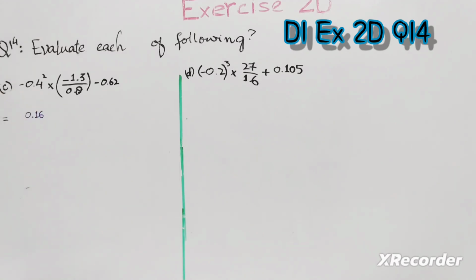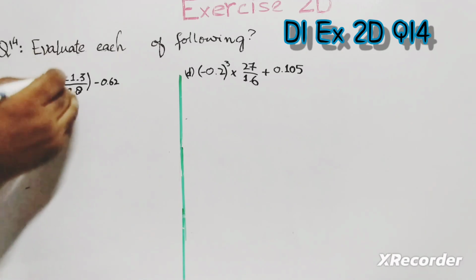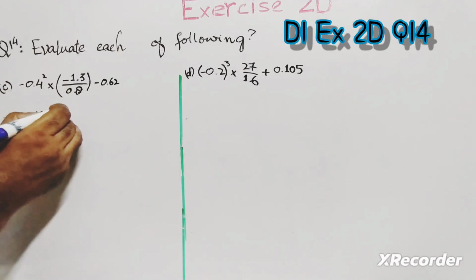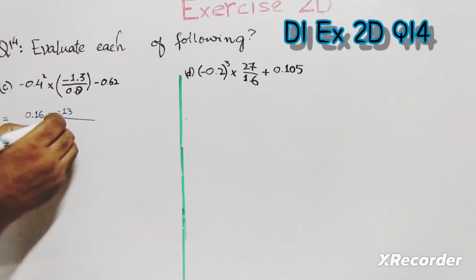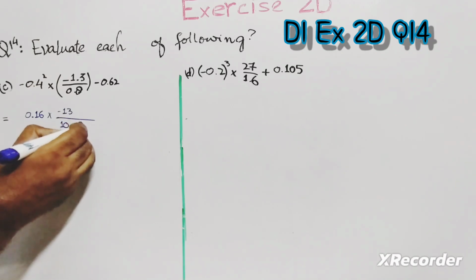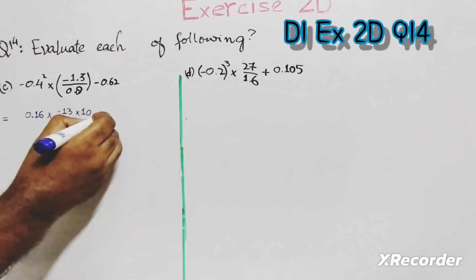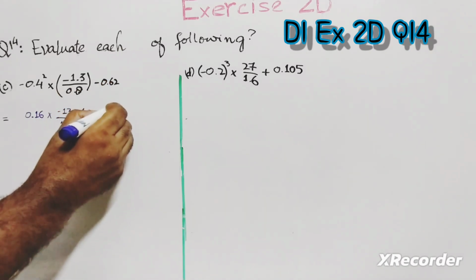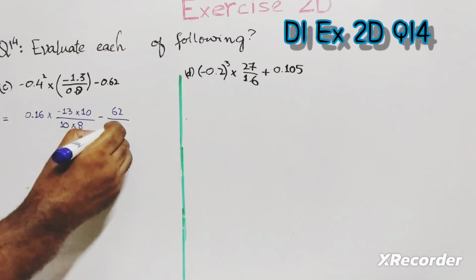Since the square of a negative number is always positive, this minus sign vanishes. 0.16 multiplied by 1.3 can be written as negative 13 divided by 10, and this 0.8 can be written as 8 divided by 10. Less 0.62 can be written as 62 divided by 100.